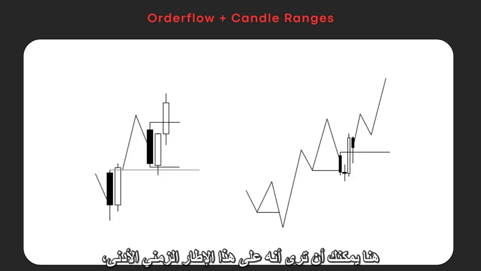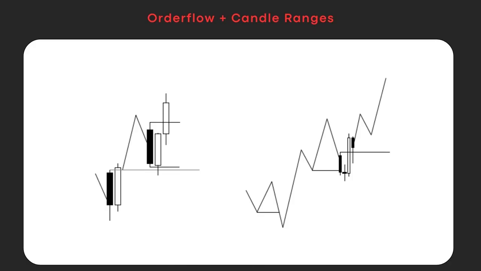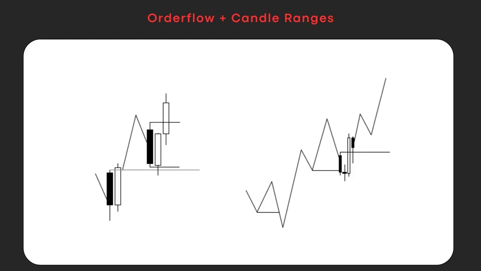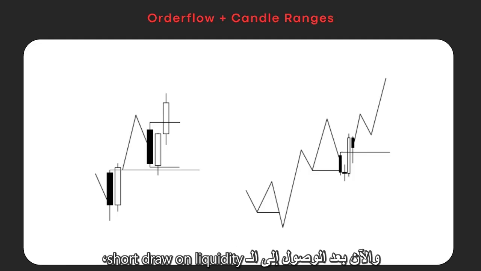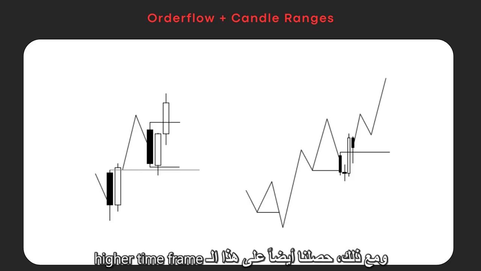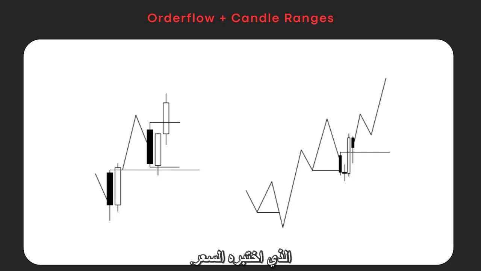For example, right here you can see that on this lower time frame, we are in a bullish order flow. And what happened is that we first targeted and reached the short-term down liquidity, which is that we rejected below this low. And now that the short-term down liquidity has been reached, you can see that we formed a CRT there. And on the higher time frame, you can see that it's a lower time frame CRT within a higher time frame CRT, right? And with that, we also got this higher time frame order block that price has tested.